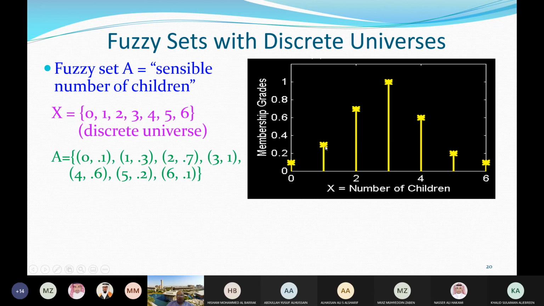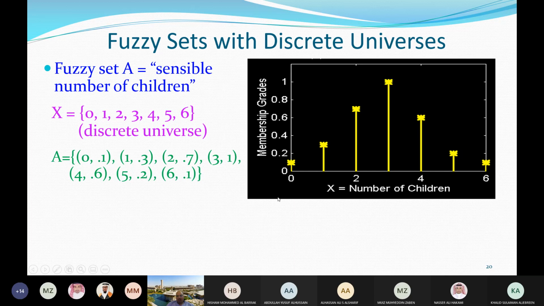If one child, the degree of membership is 0.3. 2, degree of membership of 0.7. 3 is maybe optimum, it is 1. And 4 children, 0.6, 0.3, and 0.1. So this is the fuzzy set, which is the sensible number of children.